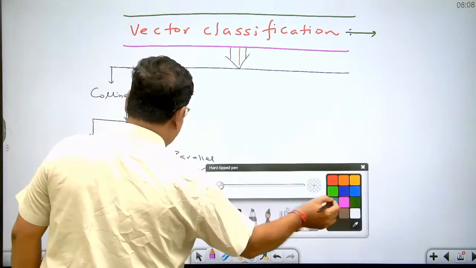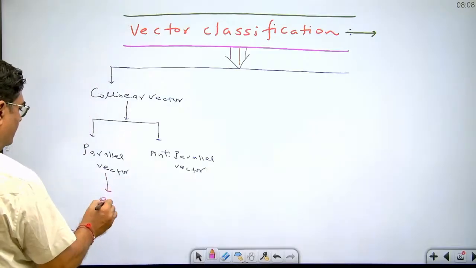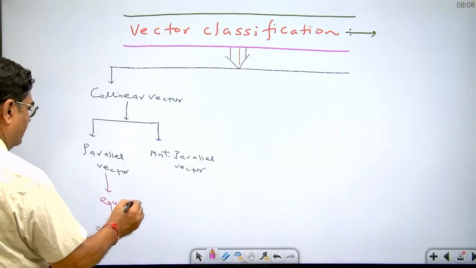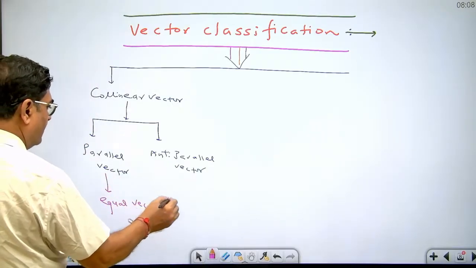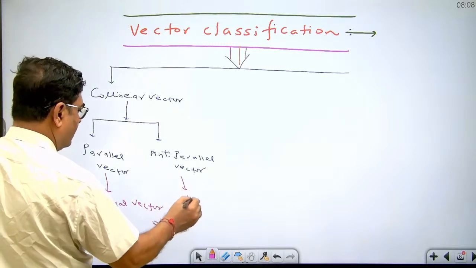Which will again be classified as equal or same vector, and here opposite or negative vector.